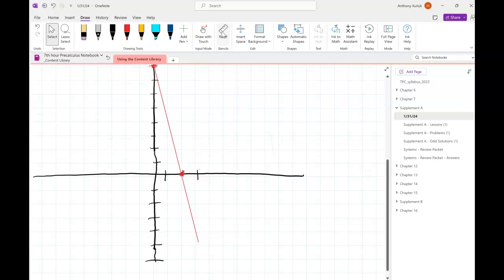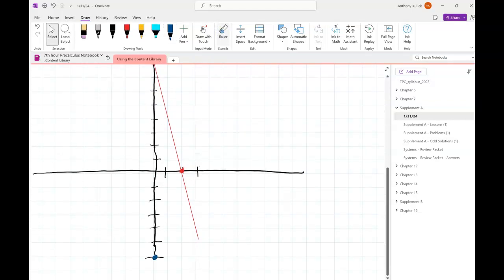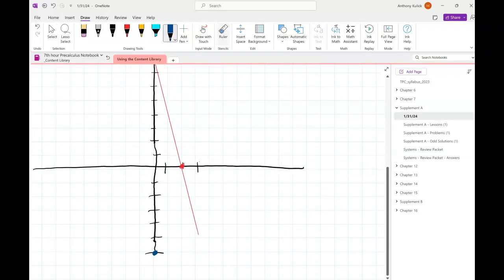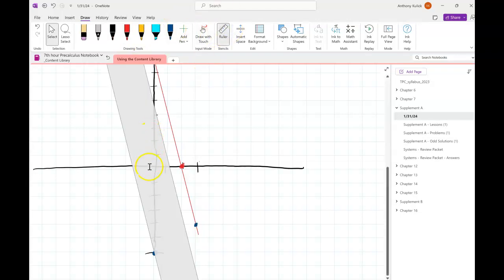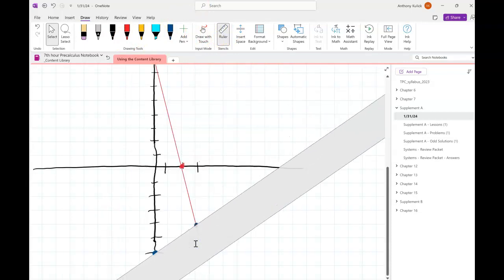And then we'll draw my blue one, so 0, -6, and then 3, -4. 1, 2, 3, 4. And grab my ruler and draw my line.